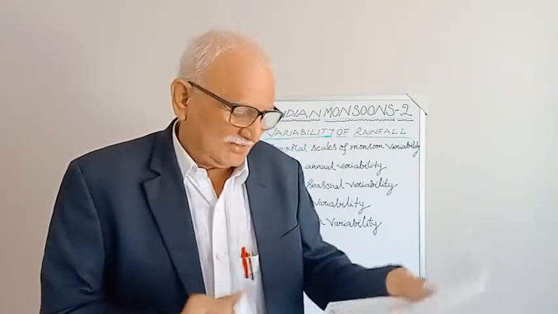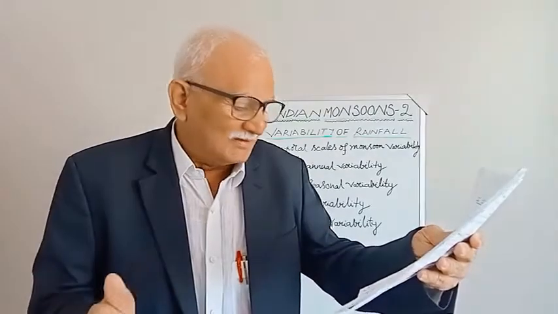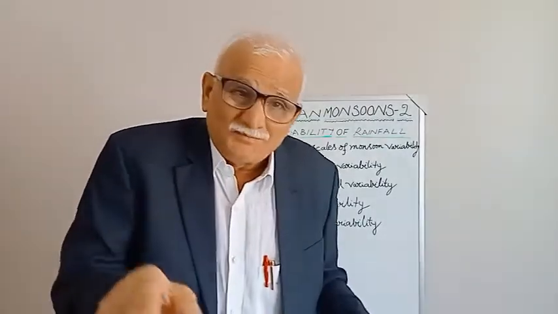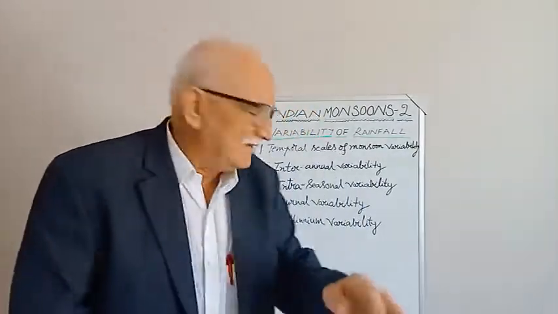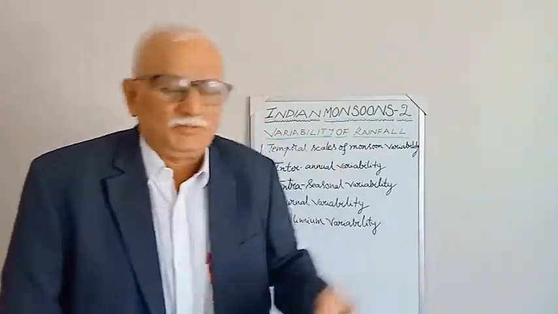But variability is there. Now, the monsoon rainfall also exhibits some diurnal characteristics over the tropical region. That's what we discussed earlier. After 4 or 5 minutes, we discuss that point.